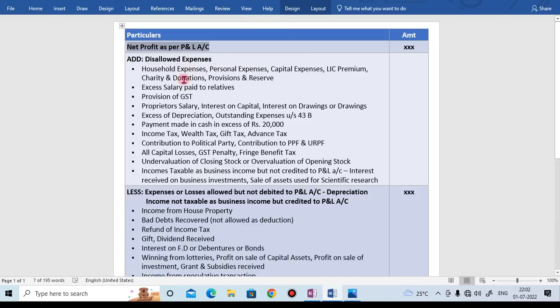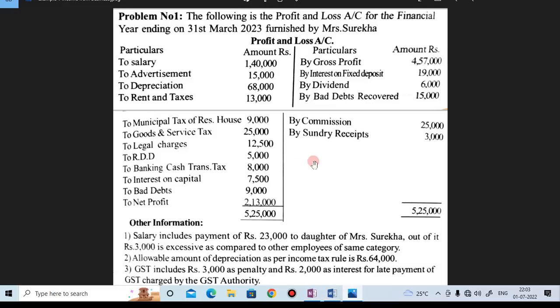Now after writing net profit as per profit and loss account and the amount in the respective column, next is what? Add disallowed expenses. Now what are disallowed expenses? Disallowed expenses means those expenses which are not related to business. Now we have to identify in the question which are disallowed expenses.